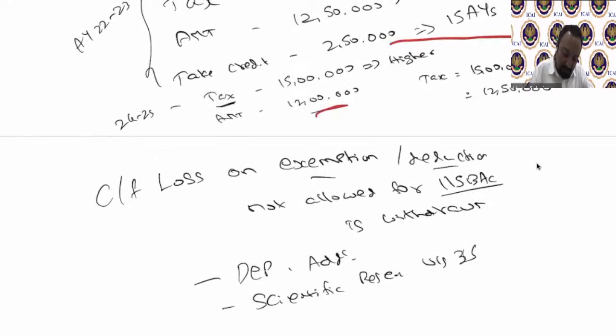What if, let's say this is 13 lakhs? If it is 13 lakhs, in this case, credit is restricted to 2 lakhs. Okay?